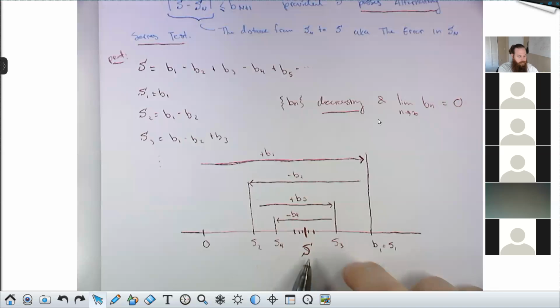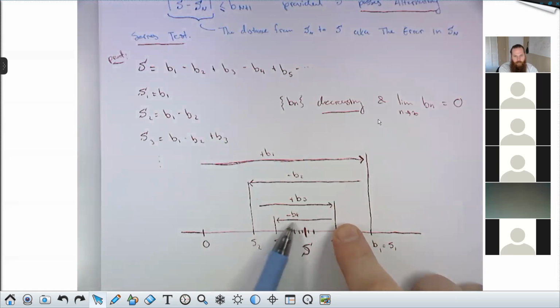Or if you want to look for the distance from S3 to S, the distance from S3 to S is less than B4 because S is in between S3 and S4. I have to jump over S in going from S3 to S4. But the distance from S3 to S4 is B4. So the distance from S3 to S is less than B4 because B4 takes me all the way over here, but the distance from S3 to S is just this little distance.